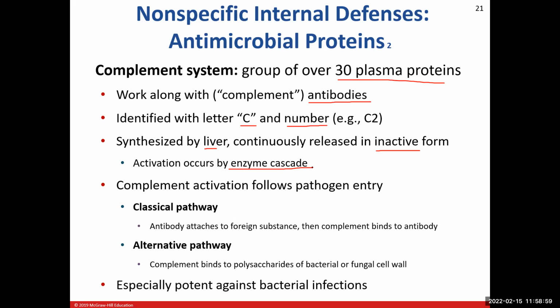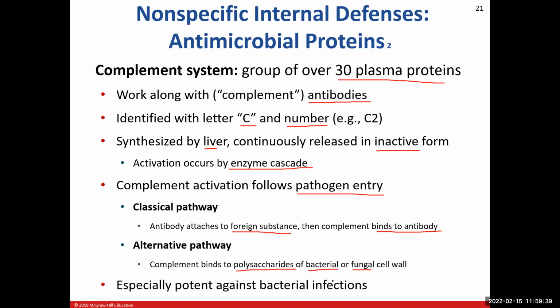Our complement activation depends on how that pathogen enters. With the classical pathway, an antibody attaches onto that antigen or foreign substance, and then the complement binds onto the antibody. With the alternative pathway, we're dealing with a sugar, a polysaccharide, that is either part of a bacterial cell wall or a fungal cell wall.